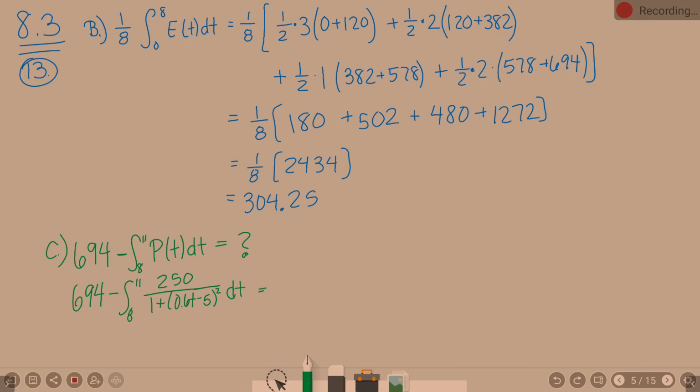Okay, so that is 190.003, or even just 0.003, so that is about 190 ballots, right? Okay.